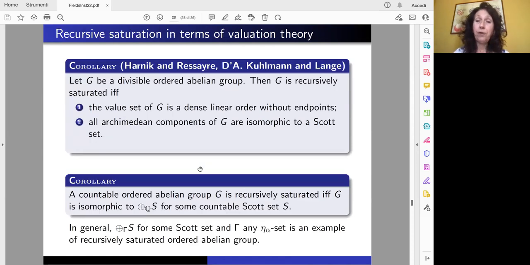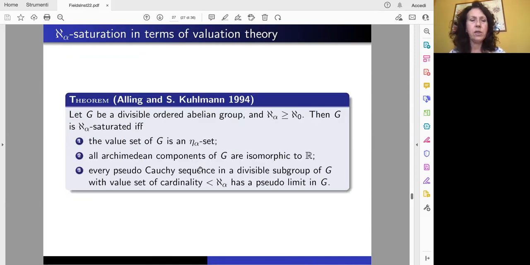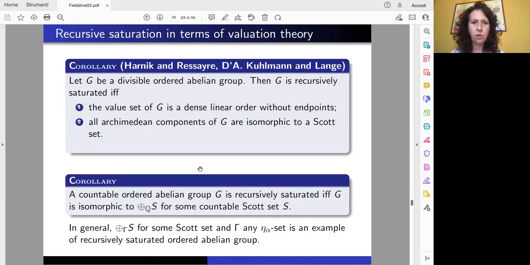From the previous characterization, it follows, and this is a result already in some notes by Harnik and Ressayre, which we then developed with Salma Kuhlmann and Karen Lange, that if G is a divisible ordered abelian group, then G is recursively saturated if and only if the value set is a dense linear order without endpoints, and this is the case also for Aleph-0 saturation, and all Archimedean components of G are isomorphic to a single Scott set.